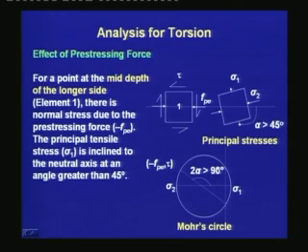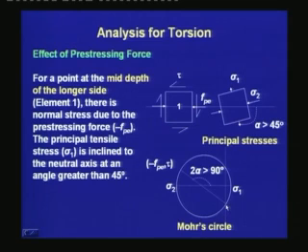If we draw the Mohr circle for that element, we find that the vertical face will be denoted by a point whose coordinates are minus FPE, which is the normal stress, and tau, which is the shear stress.